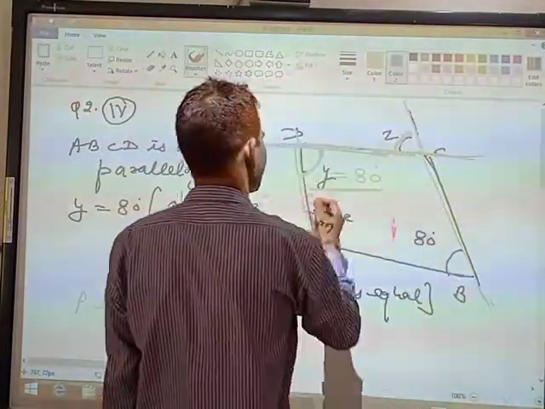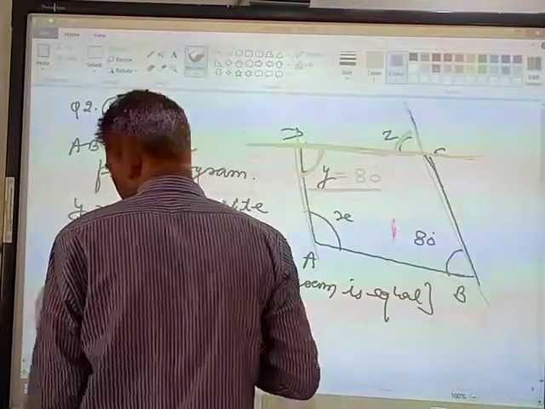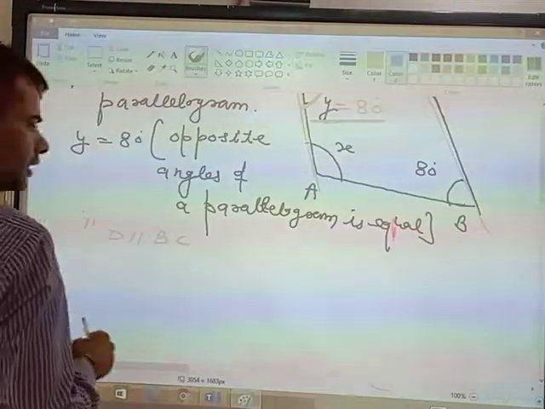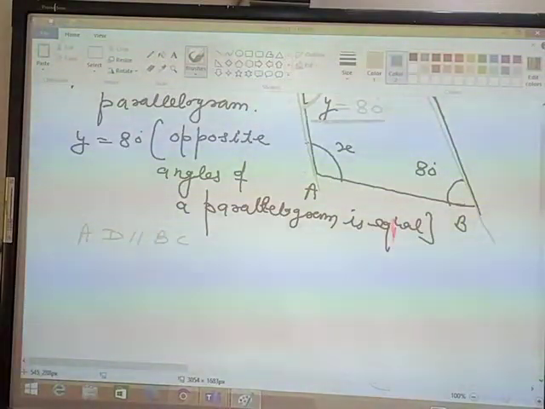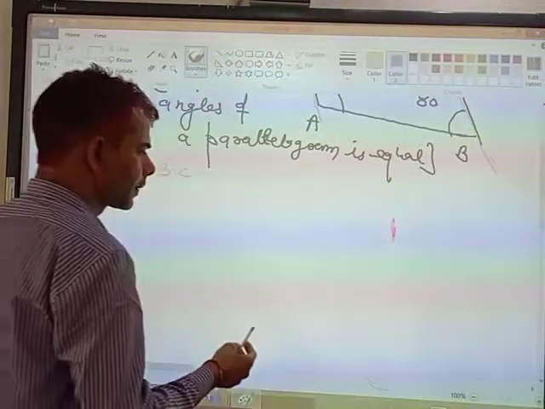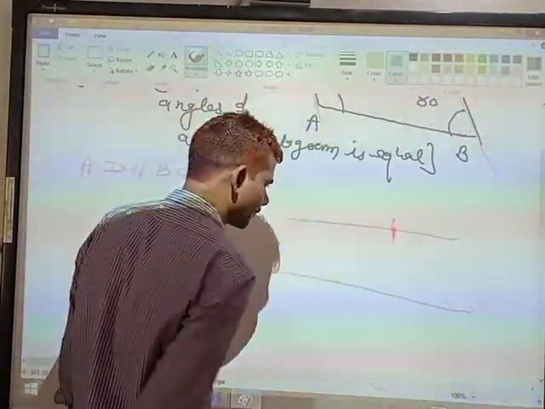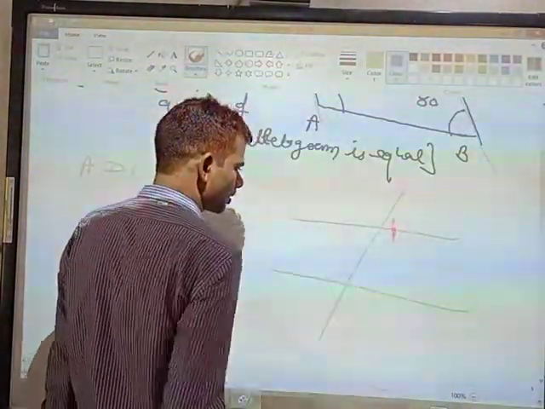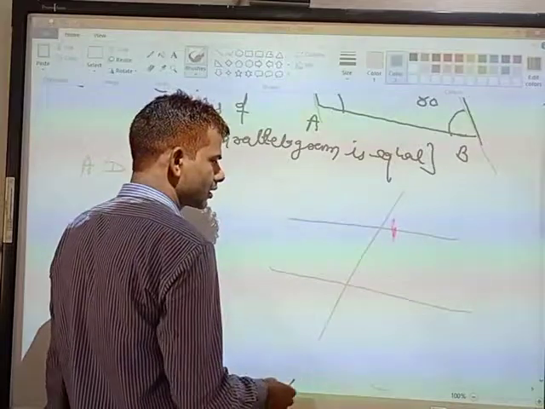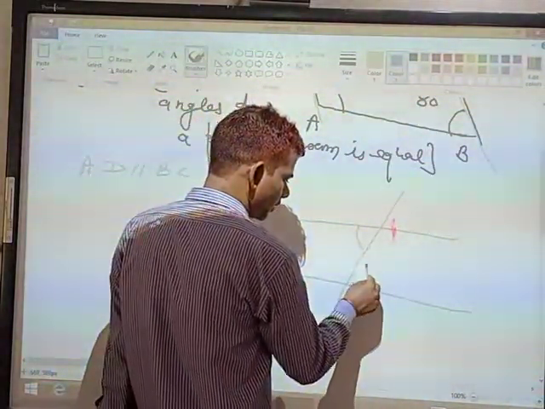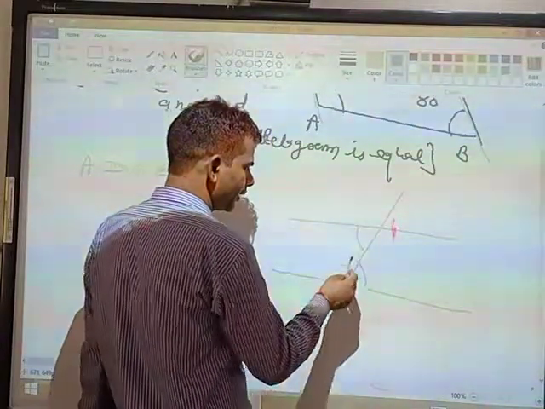It is not a linear pair, son. Look at the Z formation here: alternate angles. Listen. Students, this line is parallel to this line and this is your transversal. This angle will be equal to this angle. Why?